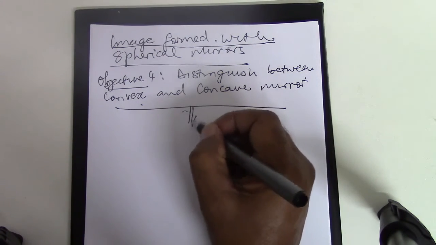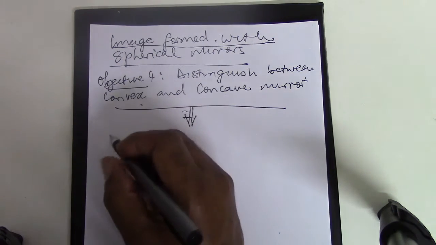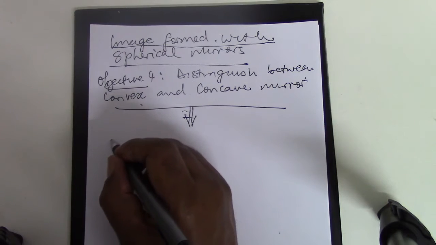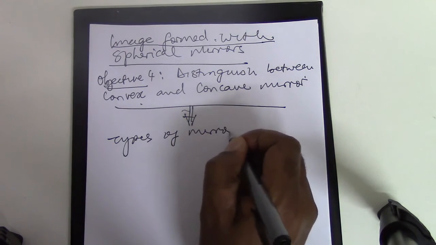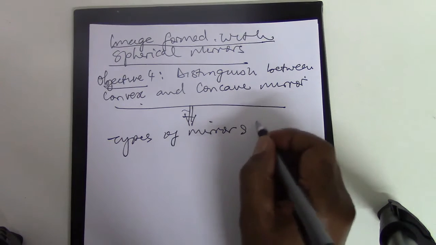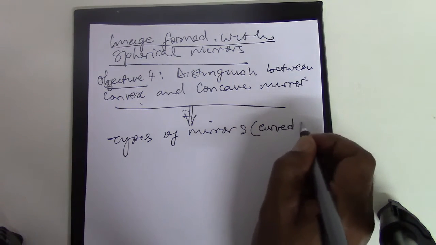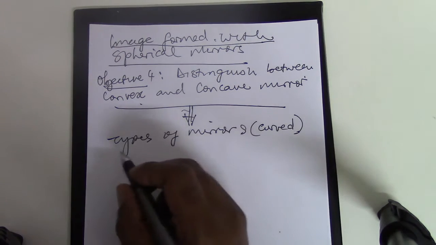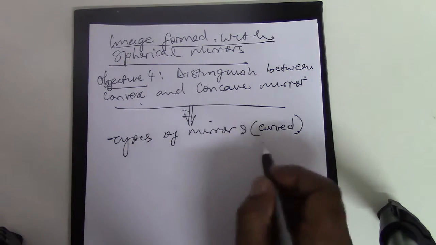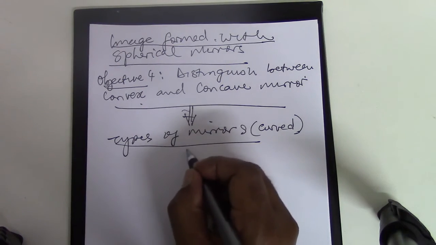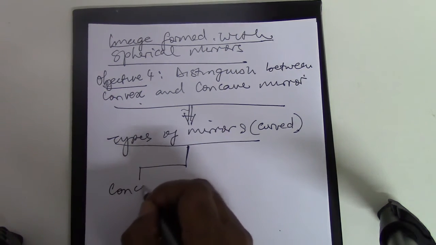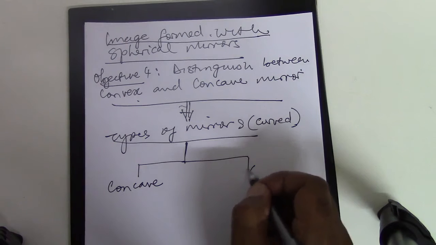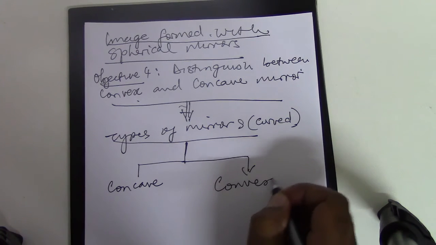What this implies is that we are talking about types of mirrors here in terms of curved mirrors. That is, we are talking of types of curved mirrors, and the types of curved mirrors we have are concave and convex.